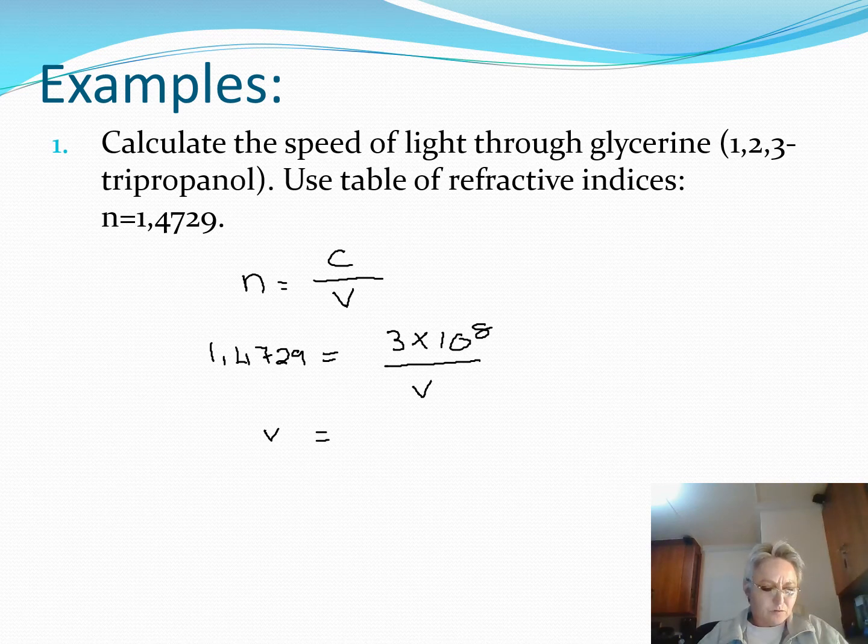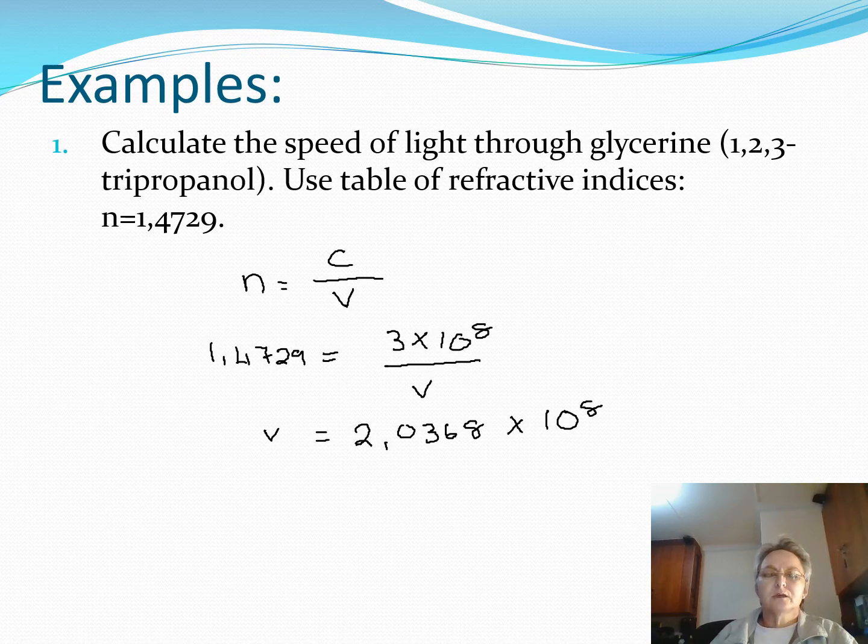Three times 10 to the power 8 divided by 1.4729 gives me an answer of 2.0368 times 10 to the power 8, and we could round it to 2 decimal places, 2.04 times 10 to the power 8 meters per second.